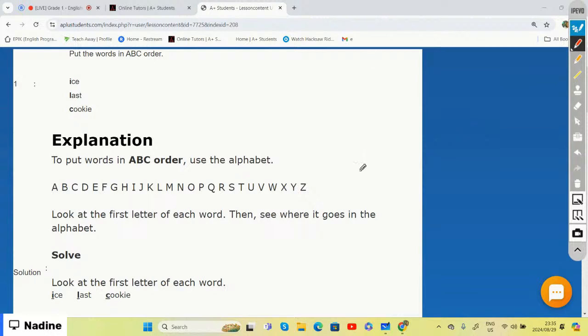So we see that we can put these words basically in order using the alphabet system.